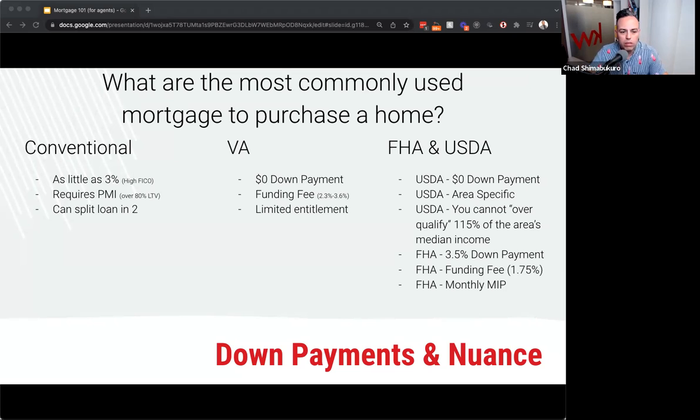Of course, to offset the high risk, they have to have a high FICO score, a high credit score too. It's going to require PMI, private mortgage insurance, which I mentioned before. That applies to anything over 80%. And in many cases, like I'd mentioned, you can split the loan up into two. You can do an 80% first mortgage and a 10% second, or a 15% second, or what have you. There's a lot of ways you can split that up.